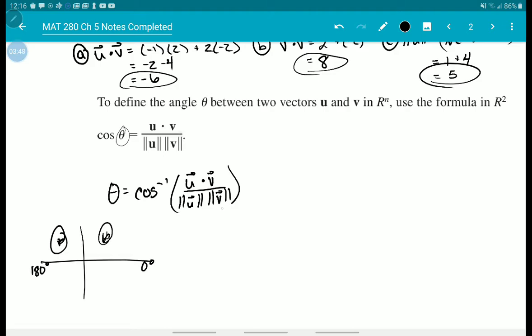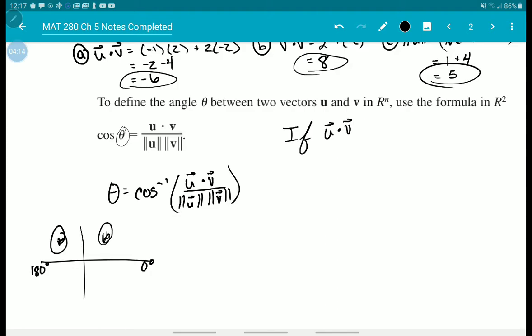Now that denominator consists of lengths or magnitudes or norms. So since we're taking the norm of u and the norm of v, we're always going to have a positive in the denominator. The sign of this is really going to come from what's going on in the top, that numerator. So if we know something about that dot product, then we know something about the angle before ever computing the angle.